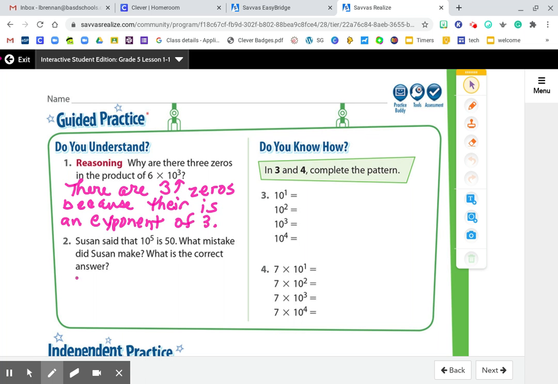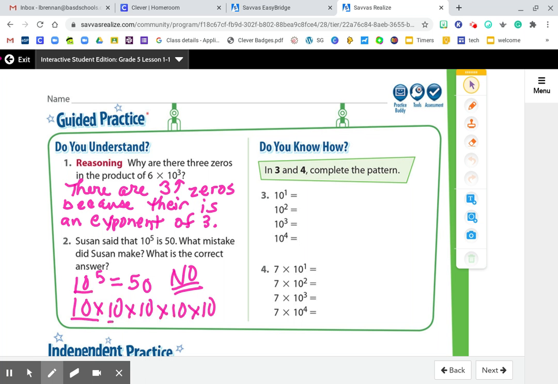Susan said 10 to the fifth is 50, and she is wrong. No. Common error, because 10 is the base number. 5 tells us how many times it repeats. We are using multiplication, but we're not multiplying the base number times the exponent.